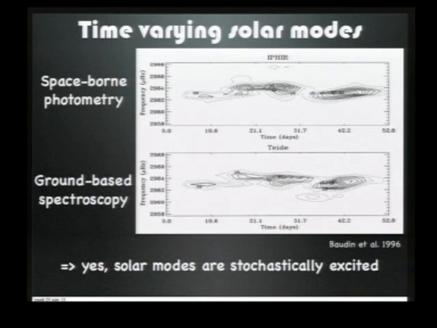And then you see along the same period of time of 50 days for the same mode, you see again that these two modes have the same behavior, both in photometry and spectroscopy. So yes, it was a good idea to do this kind of analysis. It was possible to do it, and it was a confirmation that the solar modes were stochastically excited.